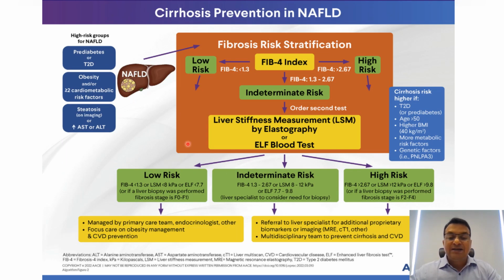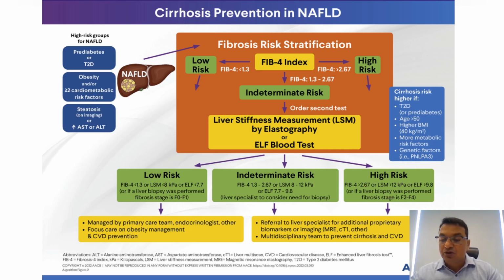After doing FIB-4, if the patient falls into the low risk category, treat those patients at primary care level only, no referral required. Weight loss, dietary management, exercise is the key. Manage the cardiovascular risk factors. If the patient falls into the high risk category, refer to the specialist.